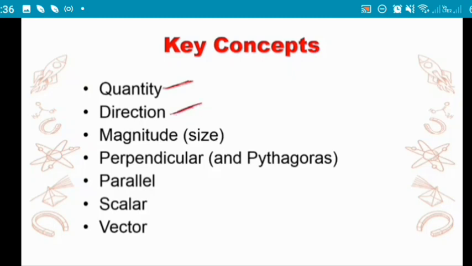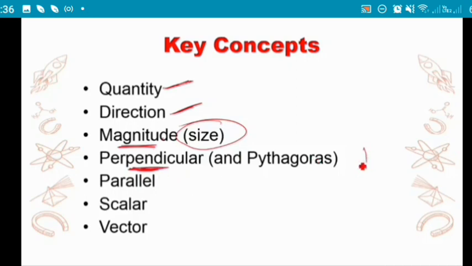Obviously, again, a key concept, direction. I've gone on about that before. A term that is often used, which you'll see quite often related to vectors and scalars, is magnitude. It just really means size. Magnitude, though, fancy word for size. How big is something? We talk about perpendiculars, as you know from your geometry.